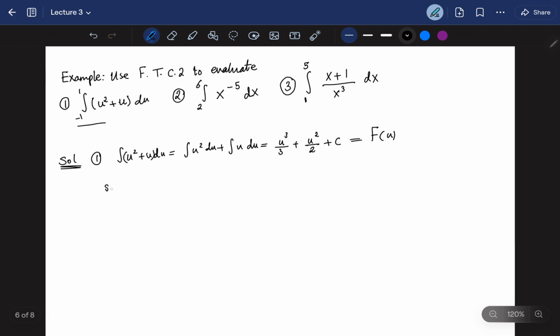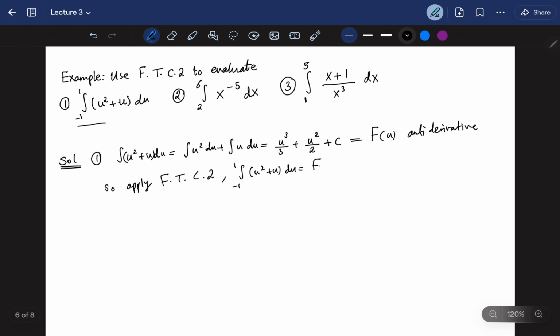So applying the fundamental theorem of calculus part 2, the definite integral from -1 to 1. So this is my antiderivative.